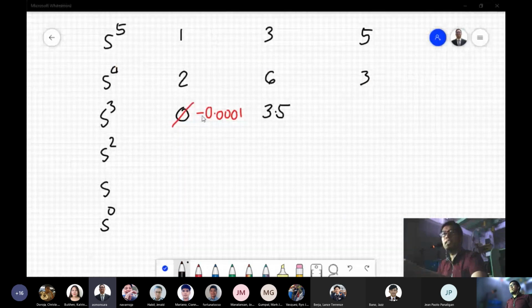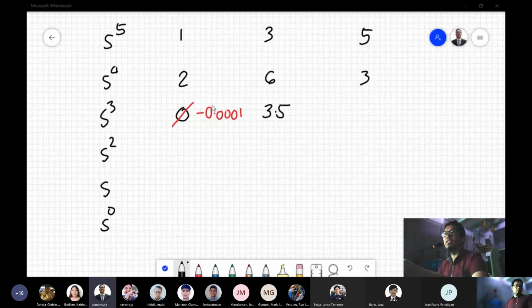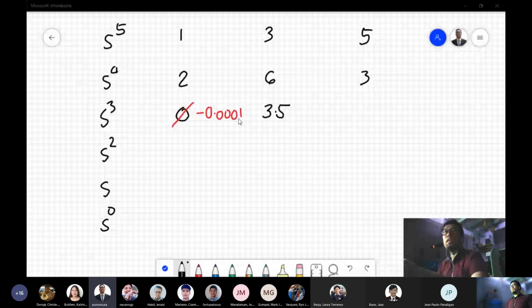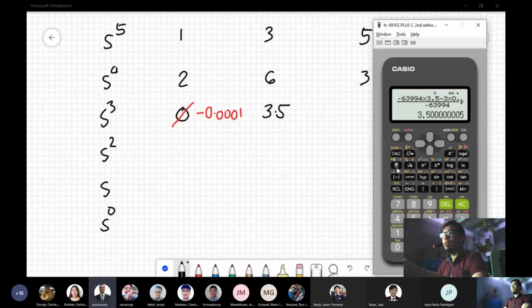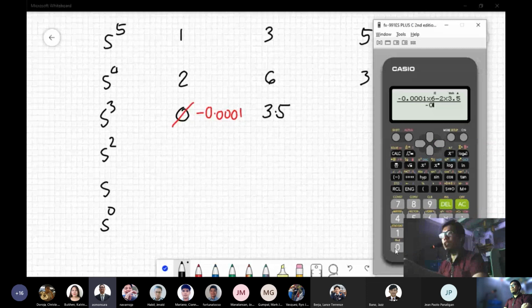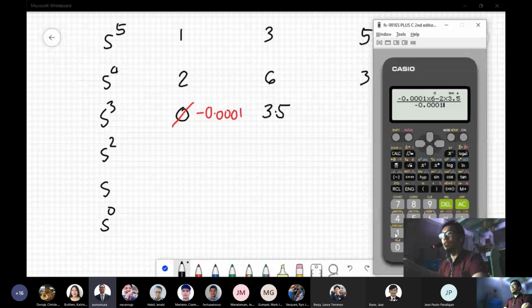In this case, again, we replace the 0 here with negative 0.0001. And this is still 3.5. So now, when we compute this, it should become negative 0.0001 times 6 minus 2 times 3.5 divided by negative 0.0001.